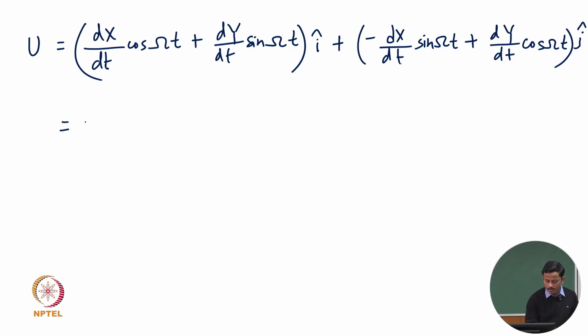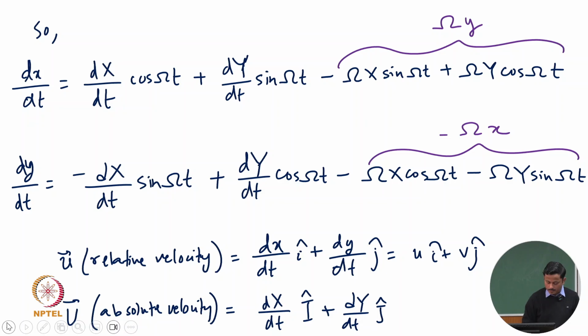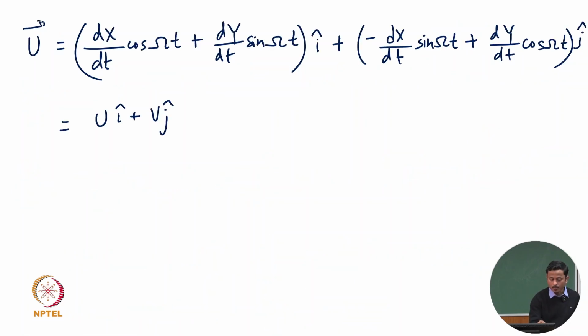So this is u i cap plus v j cap. So this is the u vector, and this is how we can represent it in terms of the rotating unit vectors.